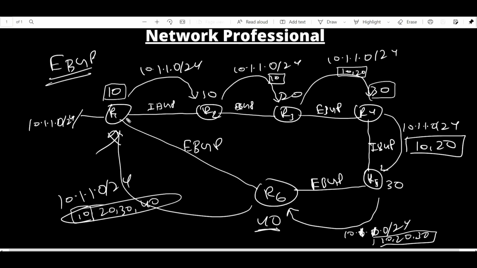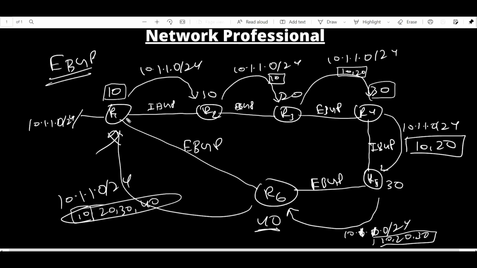And rule number 1 is for iBGP: if I receive a prefix from my internal router, from my iBGP neighbor, then I will never share that prefix with my other iBGP neighbor. And rule number 2 is if I receive a prefix from an external router, from my eBGP neighbor, then I will check the autonomous system.